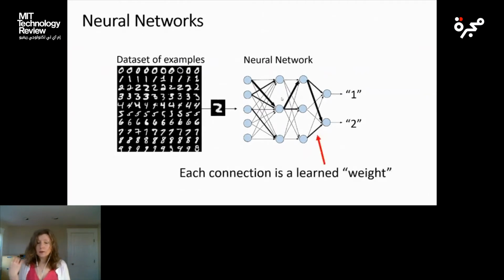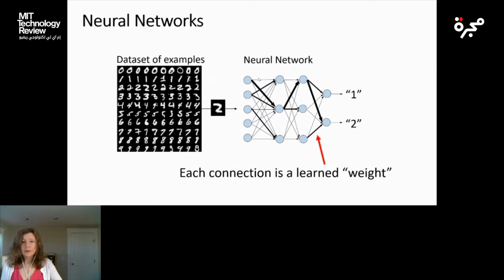So the learning part of training a neural network is essentially learning these connections. Here I'm showing the connections with different thickness to indicate that some have smaller weights and others have higher weights. It's this process of learning how large the weight is for each neuron that connects to a neuron in its previous layer. That's what we learn while we're training the network.